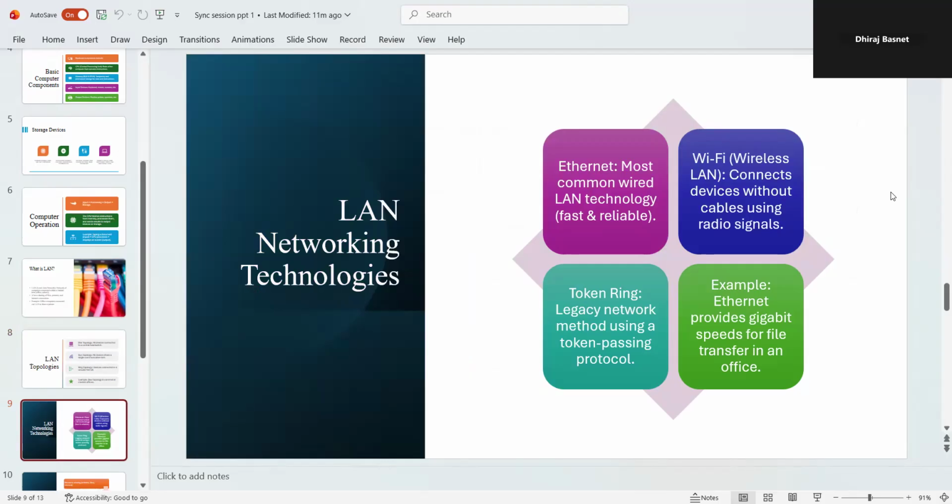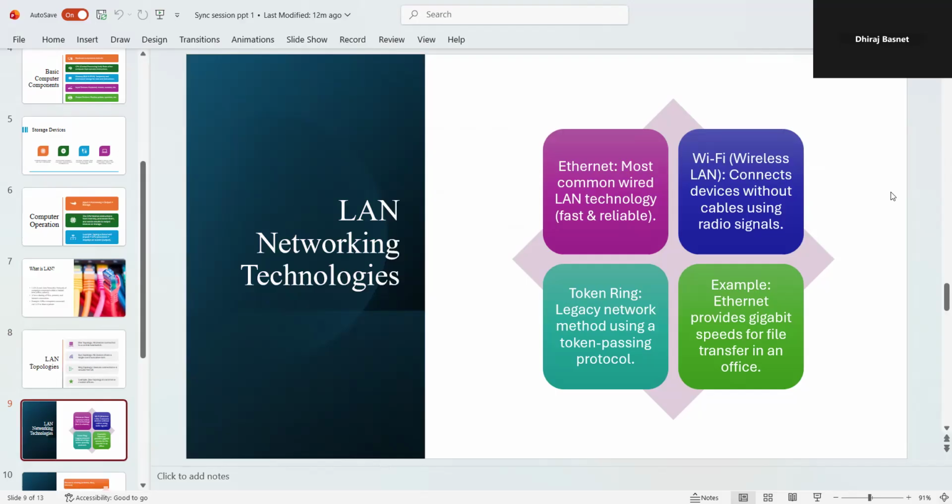So now we're going to discuss LAN networking technologies. LANs use various technologies to connect devices. The first is Ethernet, the most widely used wired LAN technology, providing fast and reliable data transfer. Wi-Fi, that is wireless LAN, connects devices without cables using radio waves, convenient for mobile devices.